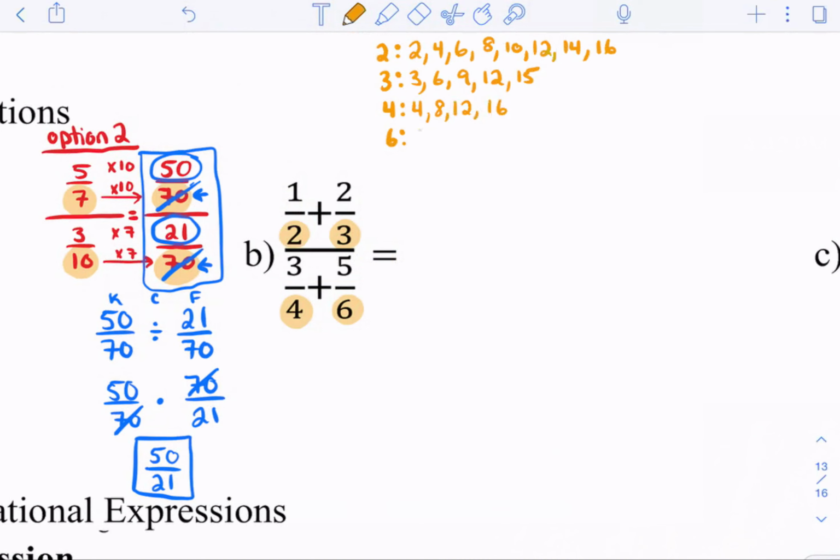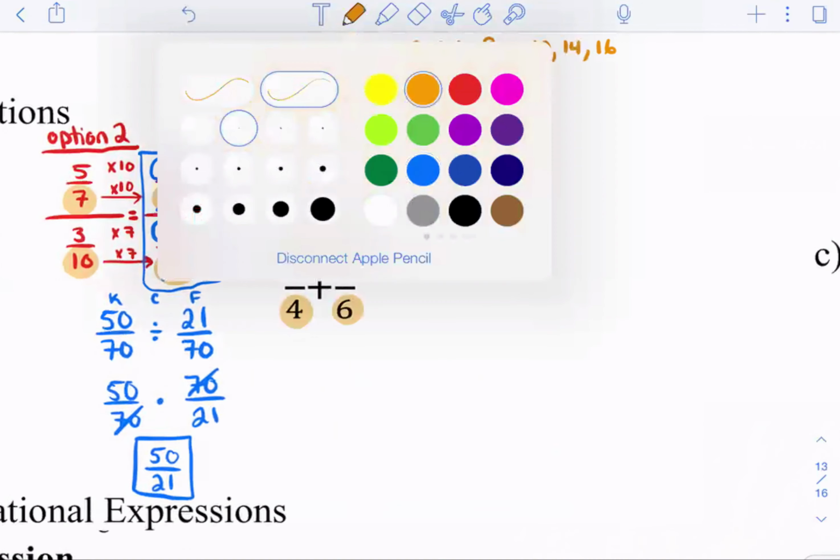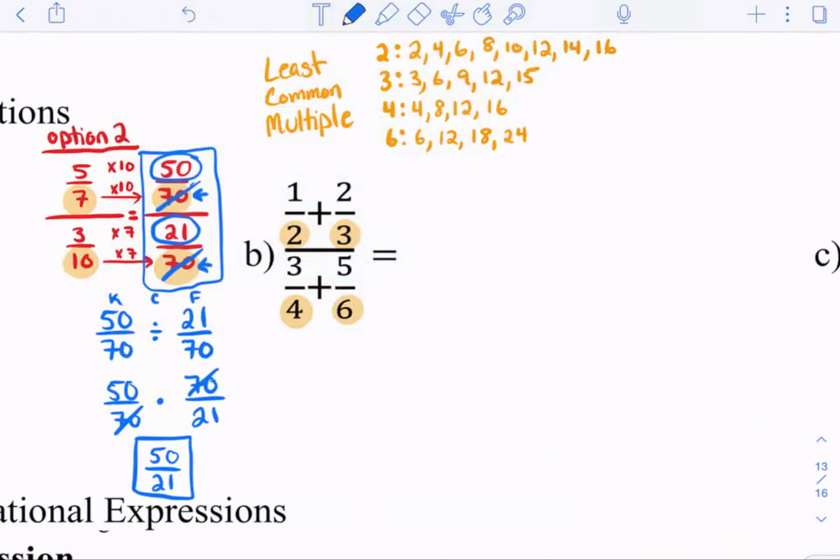And if I count by 6, 6, 12, 18, 24. So we are looking for the smallest number, the least common denominator. So here, the least common multiple. So the smallest number that they all share, if you take a look, is 12. That is the smallest number that they all share.